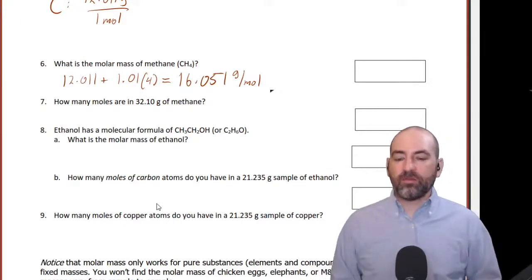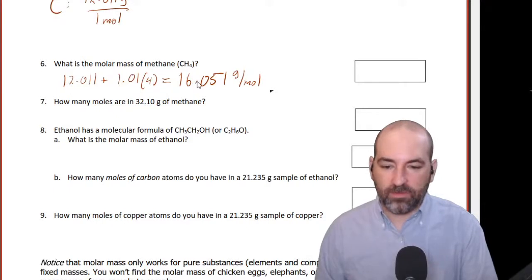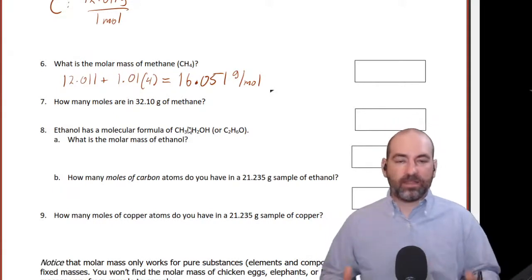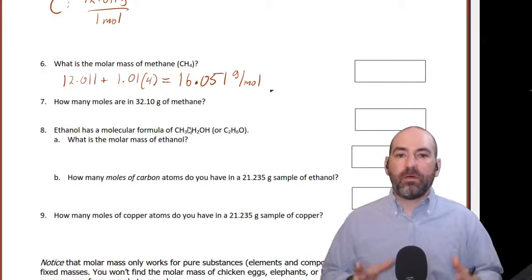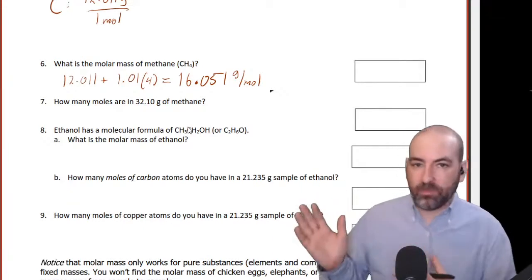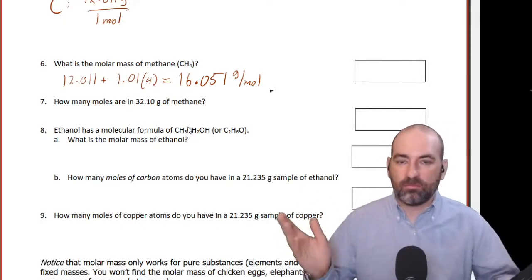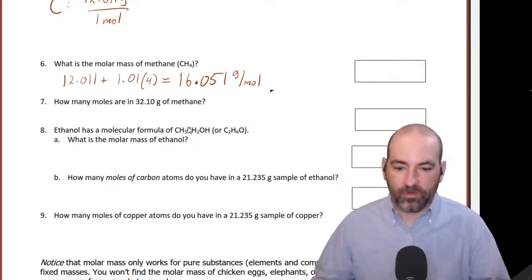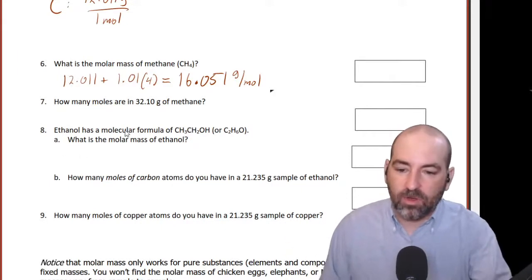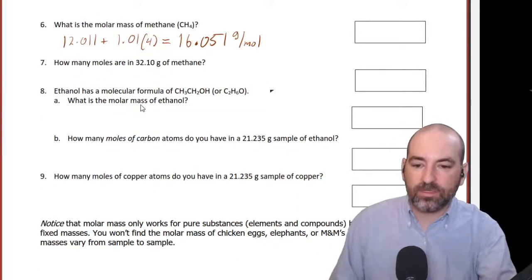So then, now that we have a conversion factor, remember, even though it's grams per mole, it's some new concepts, new ideas. Mathematically, working the problems, it's the same as the unit conversions between centimeters and meters or whatever we did last night. So how many moles are in 32.10 grams of methane?